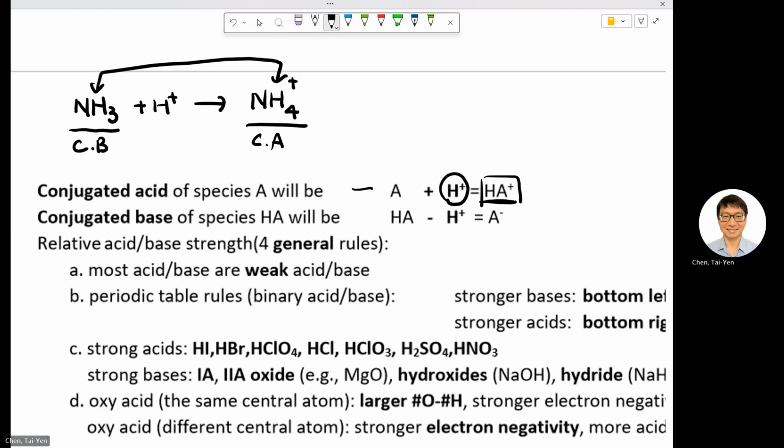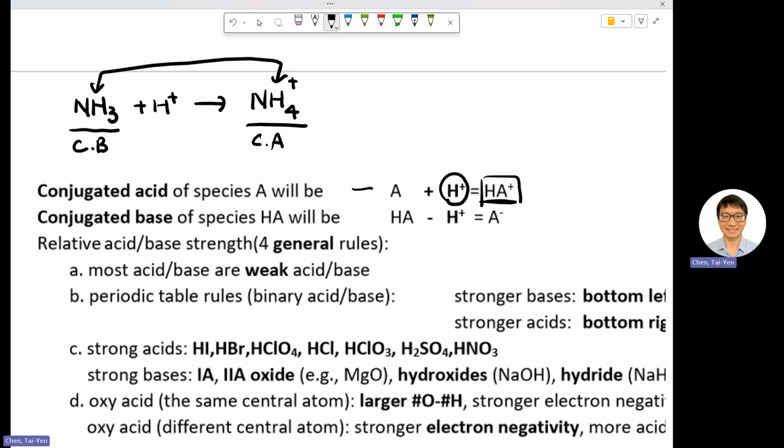The difference between a conjugate acid and base is simply an H plus. If you want to find the conjugate acid of a species, start from your original formula, add an H and add a plus. But if you're starting from an acid and want its conjugate base, you subtract one H and subtract one positive charge. Everybody follow?